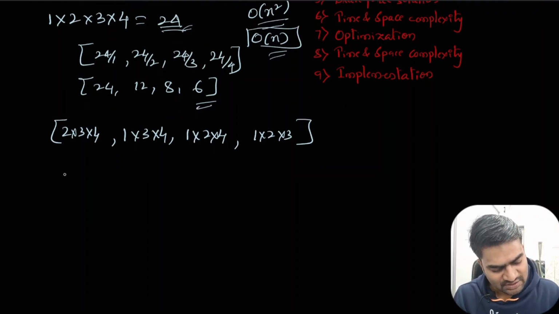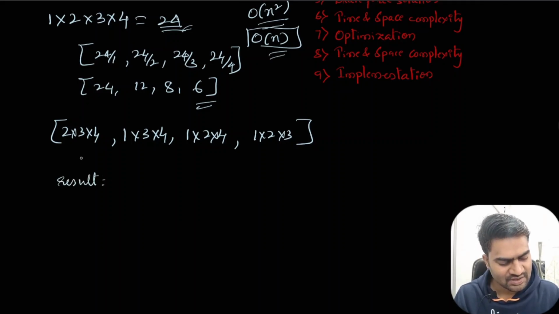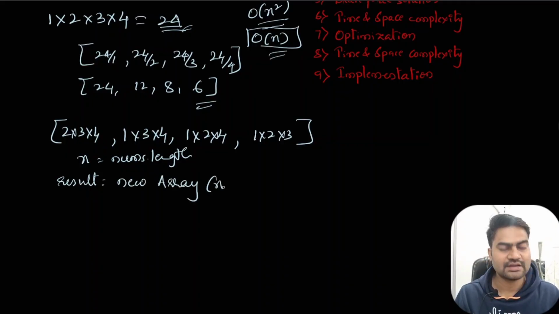So now what I will do, I will say our answer array or maybe our result array. So n will be our nums dot length. Now our result will be new array, okay, of length n.